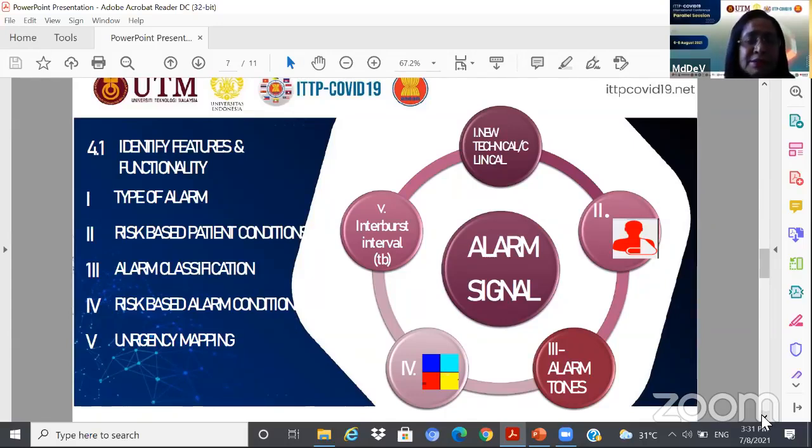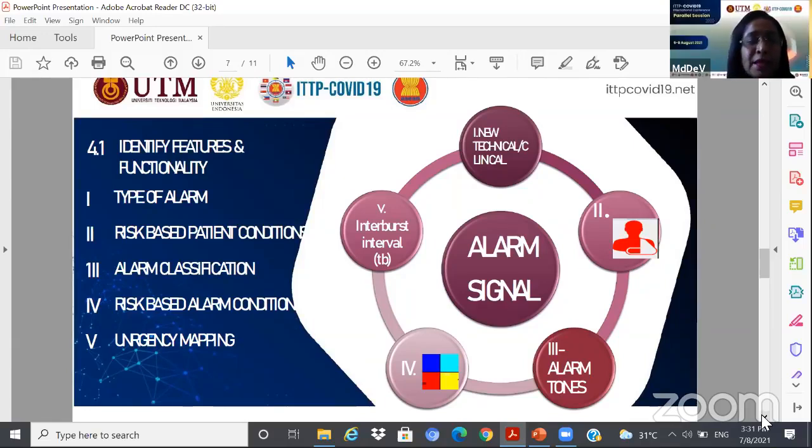So in this alarm system, the patient condition will be color-coded, and it's based on the NEWS. There's a NEWS system that determines the condition of the patient, and this has also been addressed and recommended and discussed among the focus group.